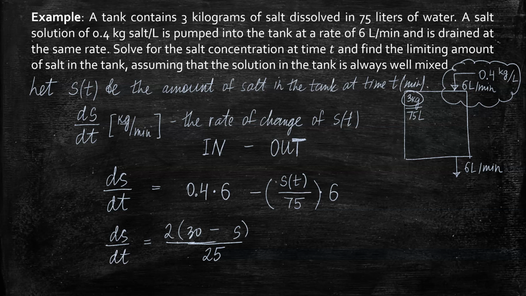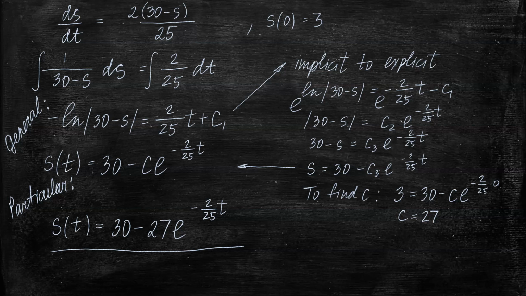However, let's take a look at the question. The question is asking us to find the limiting amount of salt in the tank. So what exactly is the limiting amount of salt in the tank? If we assume we let this system run forever, the question is, will the system converge to some sort of equilibrium? So will it be filled with salt, or will the salt disappear completely?